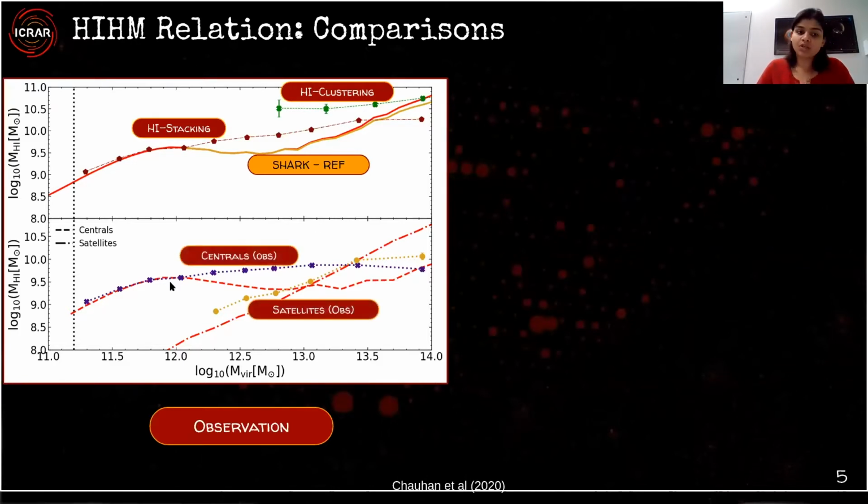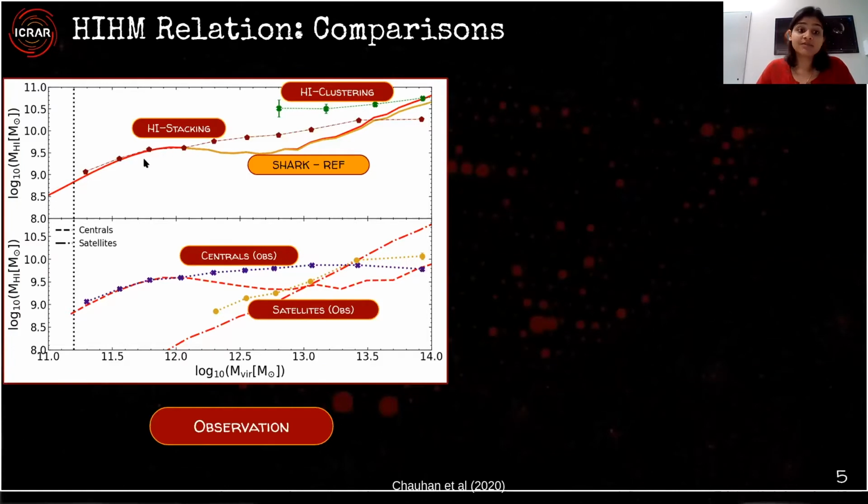And in the bottom panel too, we do the same, comparing central contributions and satellite contributions as measured by the HI stacking experiment that was done by Guo in the 2020 paper. The green points over there are the HI clustering measurements presented in the Obuljen 2019 paper. But this is just to give an idea how we are doing.